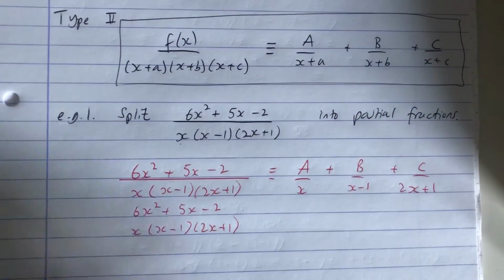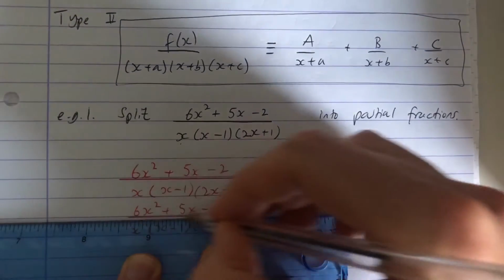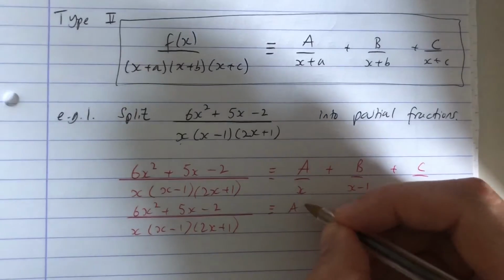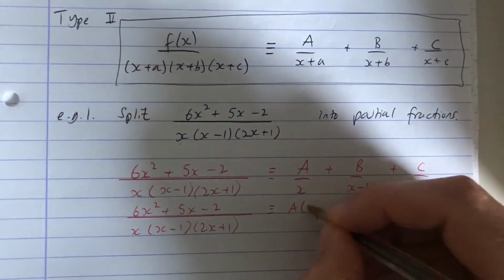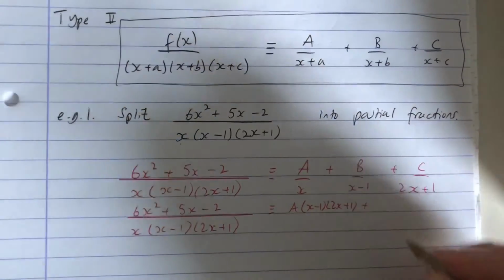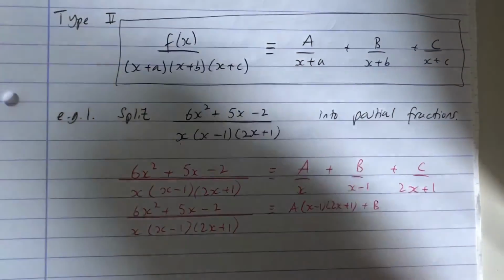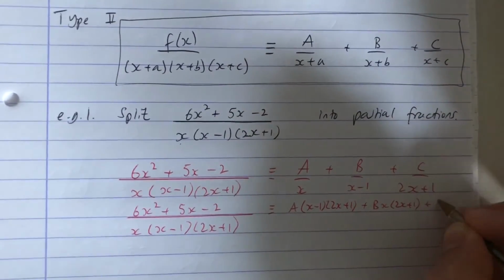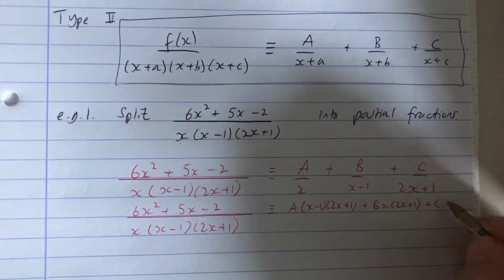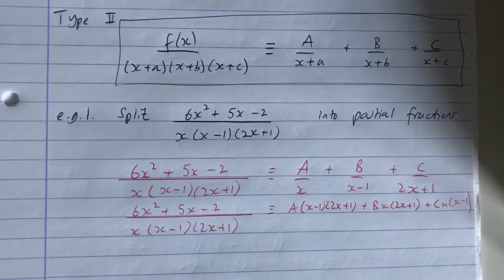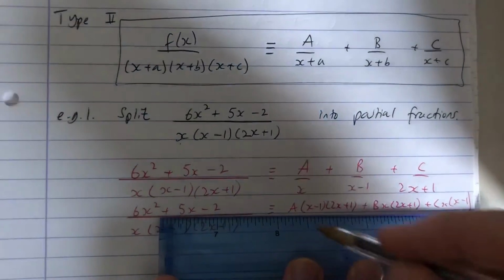Now when you do that, just make sure you times the numerator by the correct amount. So this numerator would be times by both of these. This numerator would be times by both of those, and c is times by both of these. And that is all over the same common denominator.